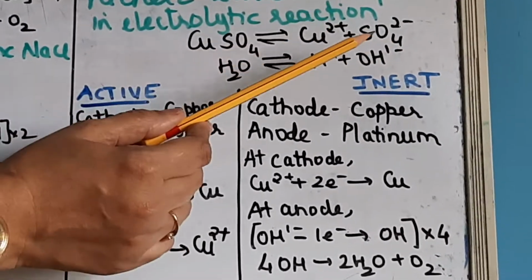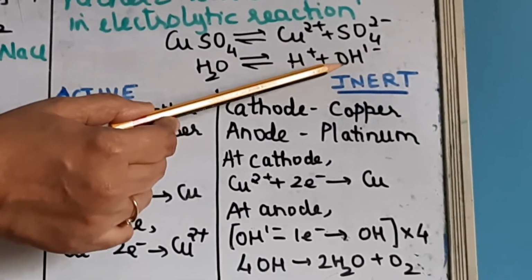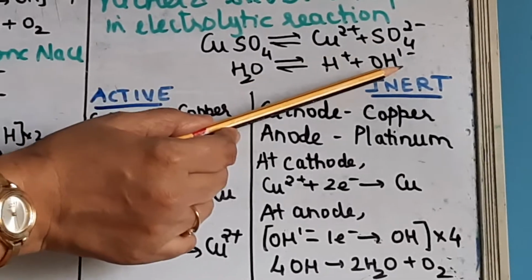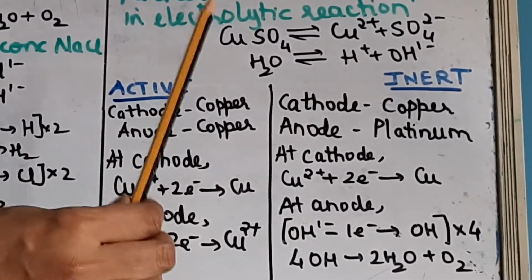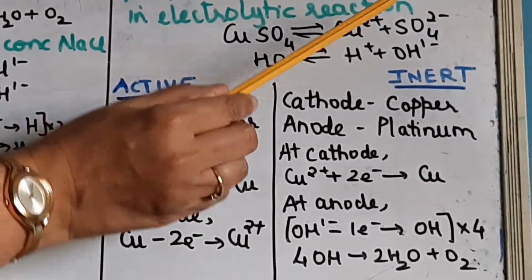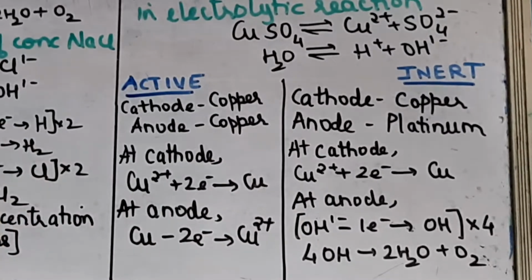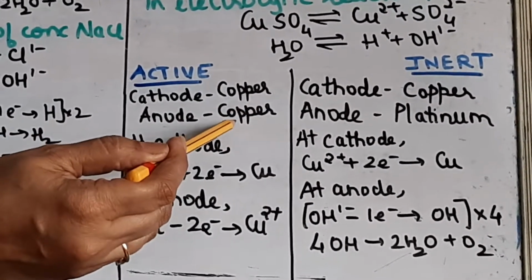Now anode. Which are the anions which will go to the anode? Negatively charged are sulfate and hydroxyl. So sulfate and hydroxyl ions, they are anions, so they are going to migrate to the anode. Now here just pay attention. Neither sulfate nor hydroxyl ions will get discharged as neutral atoms. Why? Because our anode is active copper metal.